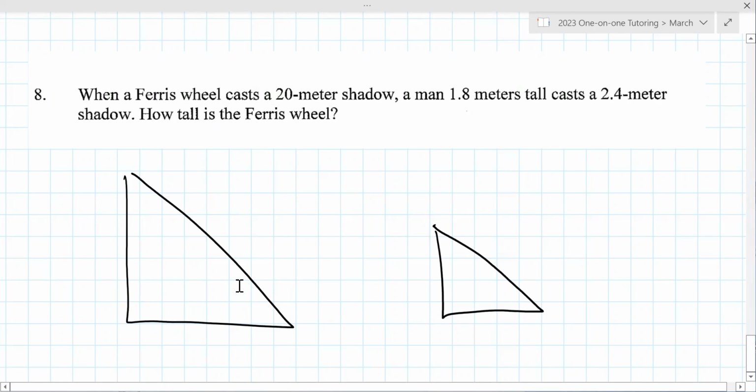How tall? 1.8 meters casts a 2.4 meter shadow. Okay.